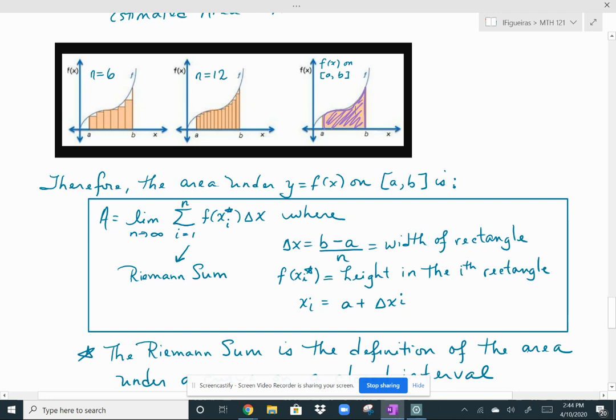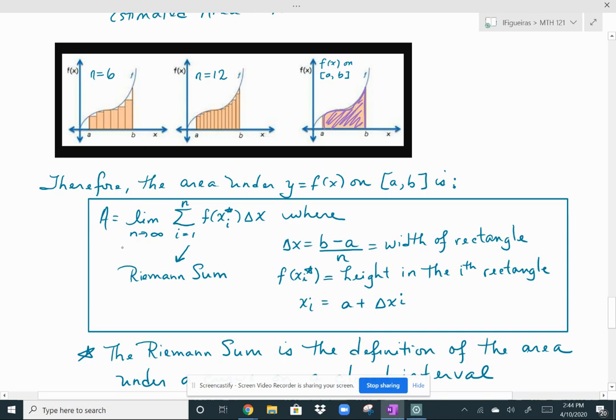And x sub i is going to be your first value plus delta x times i. So you have to figure out where your starting value is, and then you add delta x as many times as necessary until you get to the end, which is b. When we do numbers, I think that'll make more sense.